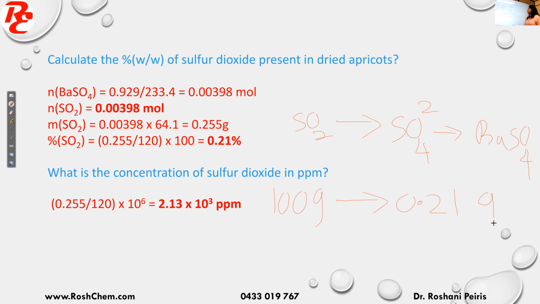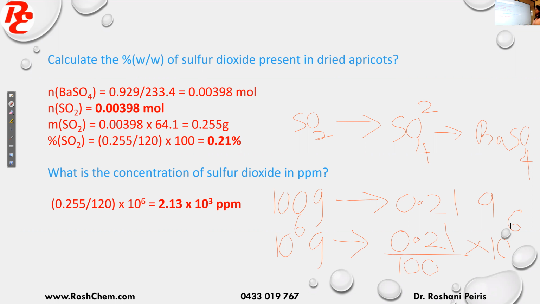When I want to express that in parts per million, you should use 10 to the power 6, or 1 million grams of sample contains 0.21 divided by 100, you multiply by 10 to the power 6.